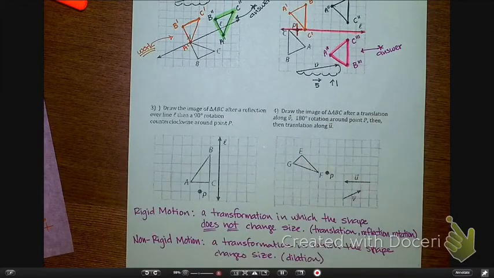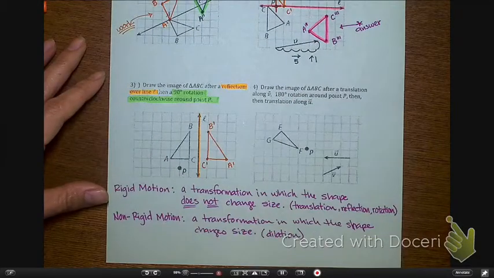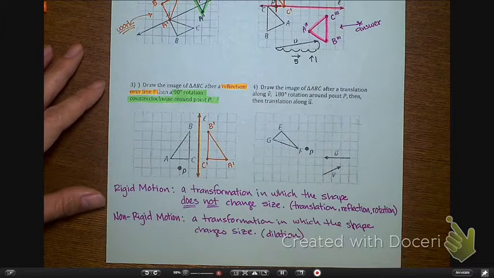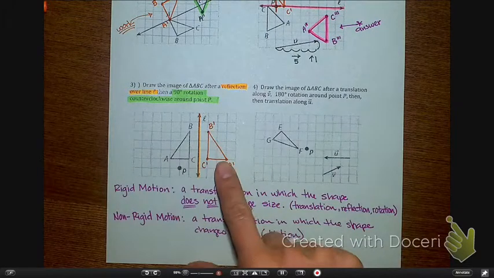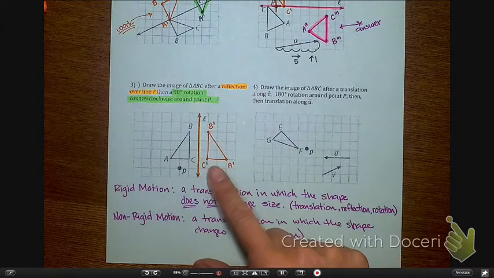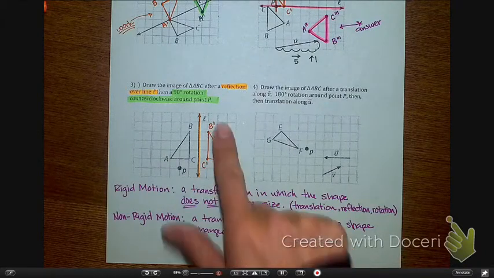Okay, let's start checking your steps. First of all, our first one was reflect across the line. So did you guys all get this reflection? Okay, most of us hopefully did that right.